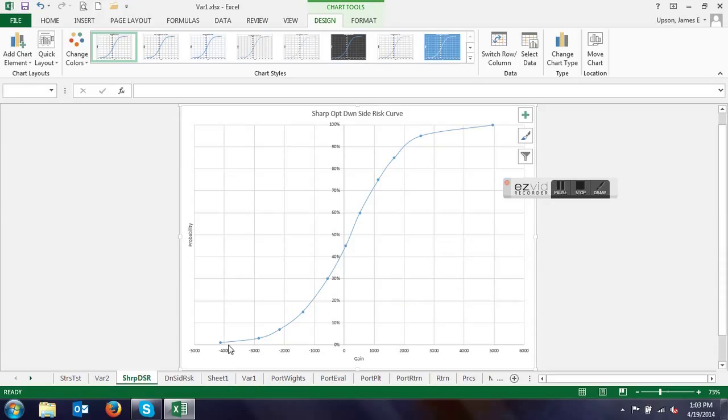Another way that you use the downside risk curve is when you suppose you wanted to add some additional stocks to the portfolio, what you want to have happen is to have this curve shift over towards the right. So it decreases the probability of negative days while increasing the probability of positive days.